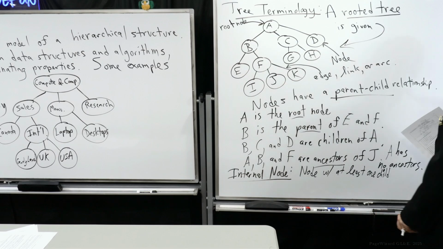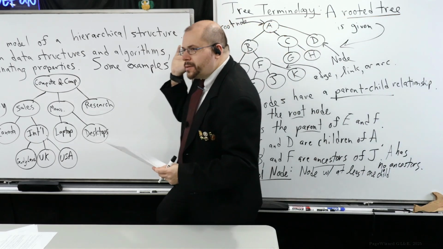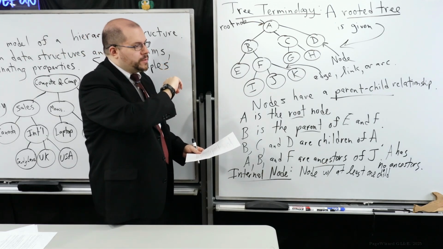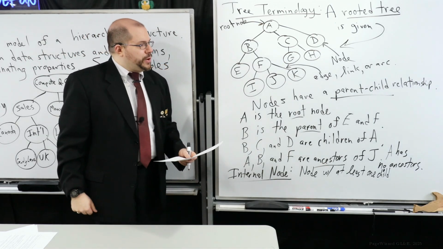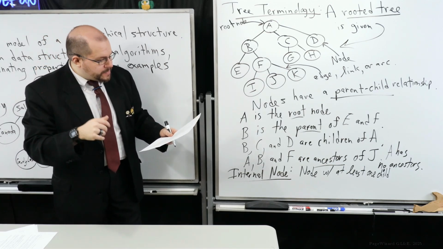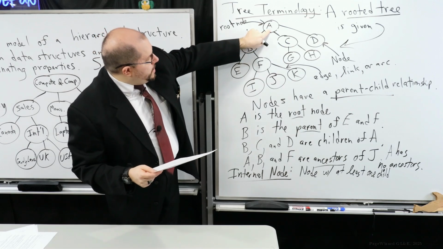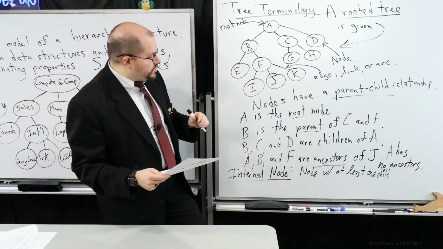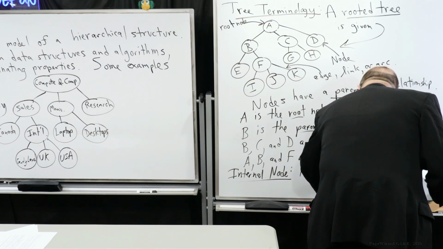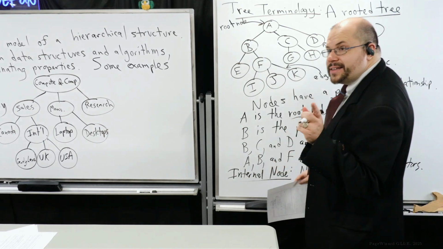So can somebody tell me where the internal nodes in this tree are, for example? Which nodes are internal nodes here? Well, let's look at the definition. Okay, so A has at least one child, so we know for sure A is an internal node because it has at least one child, right?